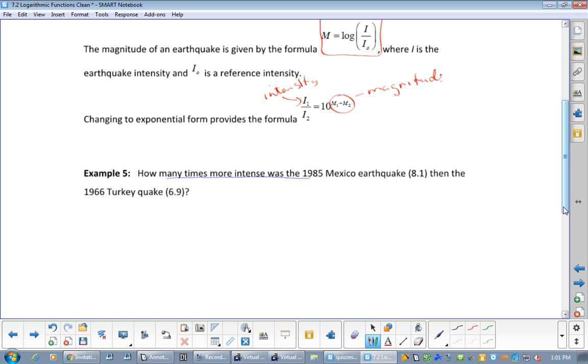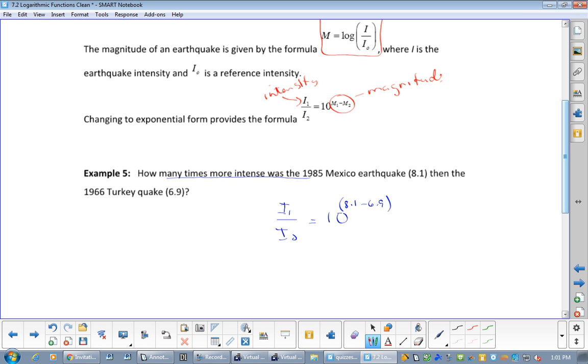But we're going to follow this formula. Now, I1 over I2, we do not know either intensities, equals 10 to the magnitude 1, which was 8.1, minus magnitude 2, which was 6.9. Now, you want to put this in brackets, and you're just going to put that into your calculator.